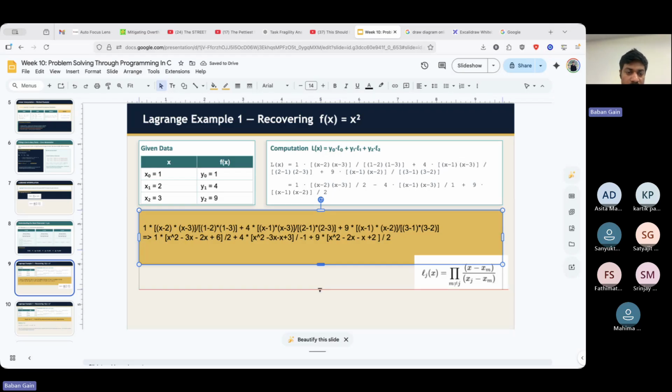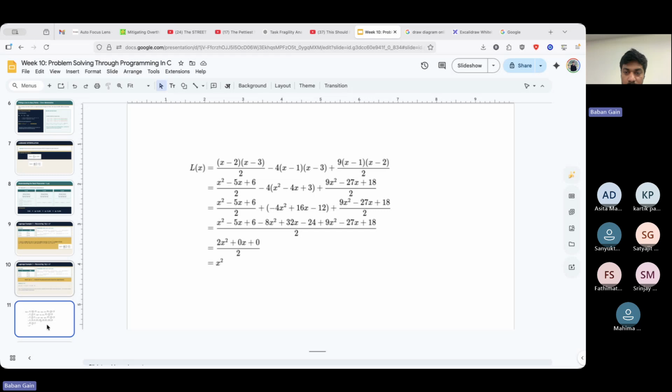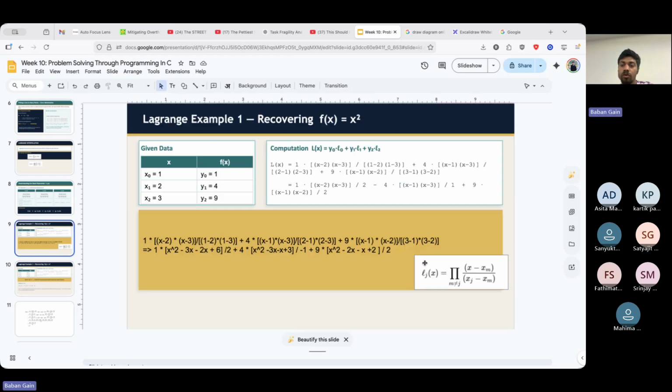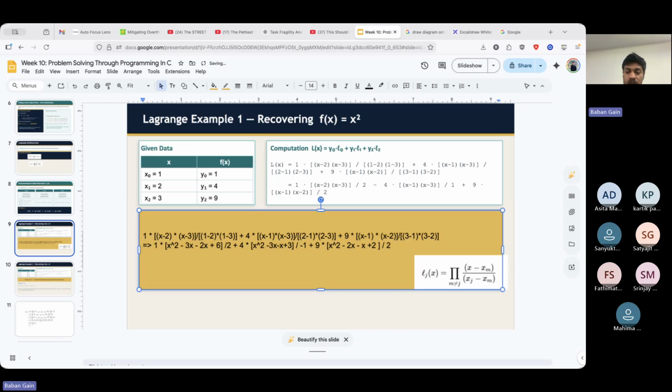So when you come to this value after that, if you look at the denominator, here we have divided by 2, here we have divided by minus 1, and here we have divided by 2. Am I correct at this point? Yeah. So then what we have to do, you can take 2 common, right? So you can multiply this with 2 and the whole everything will be divided by 2. So you can do it like this.